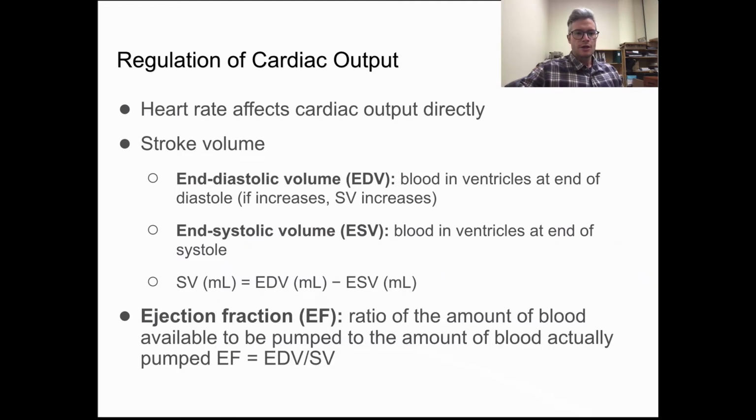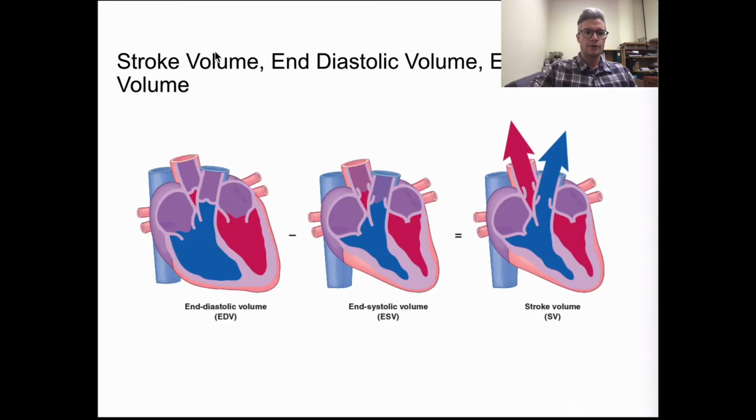Here's an image of stroke volume, end diastolic and end systolic volume, just to see visually what's going on. End diastolic volume is the maximum amount of blood that can fill the ventricles in a relaxed state of the heart. The heart contracts, then we have our systole, and we see the least amount of blood filling the ventricles.